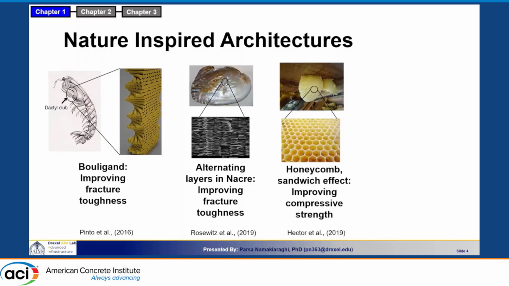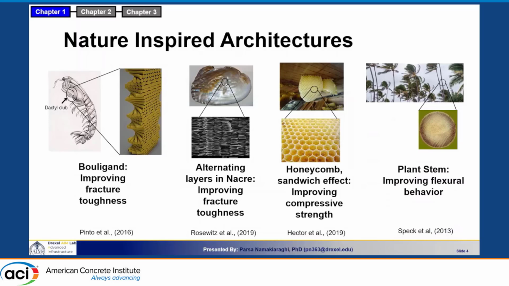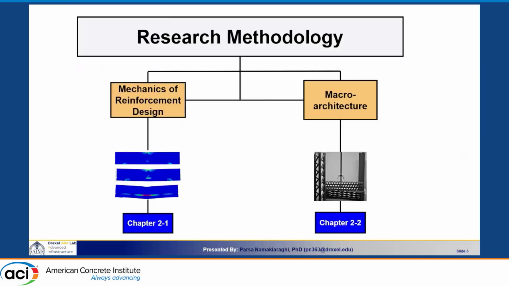And furthermore, which is mainly the purpose of this presentation and this part of our research, we looked into macro architectural elements such as honeycomb, which has a sandwich effect, interlocking effect, and provides good compression, and also later on plant stem architectures that have tubular and hollow structures within them and provide good flexural rigidity.